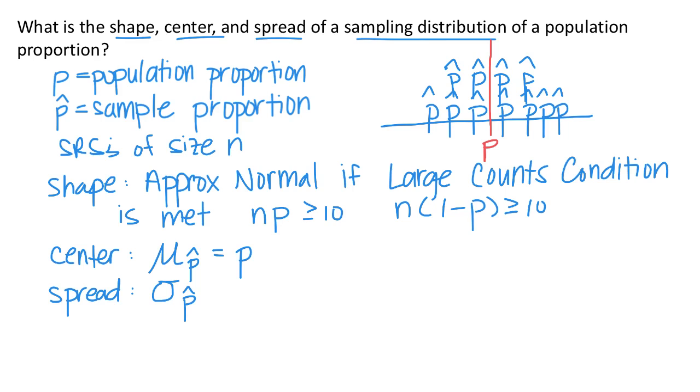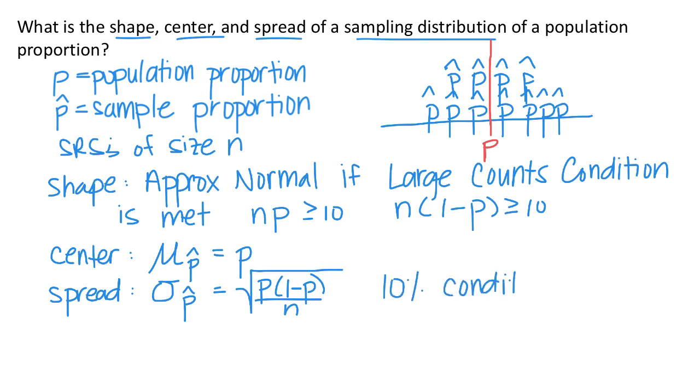It means the standard deviation of the sampling distribution of proportions. There's a formula for it: the square root of p times 1 minus p over n. And there's also a condition in order to use this formula, and that's called the 10% condition.